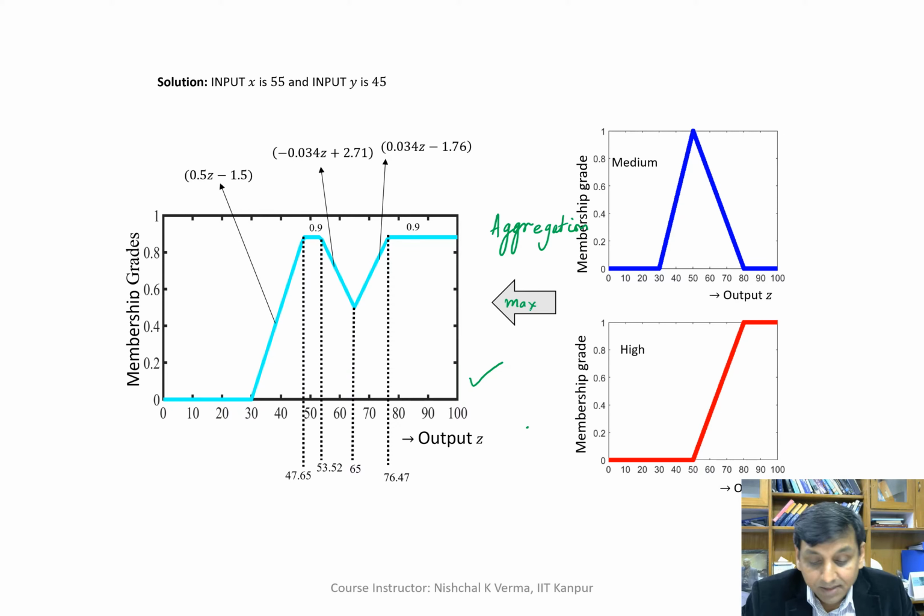So when we take the max, we get this structure. And this is nothing but a fuzzy value. The output here is the fuzzy value.